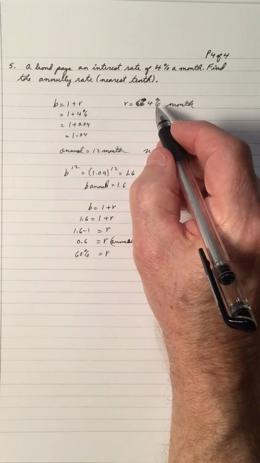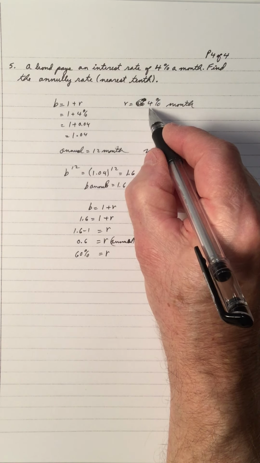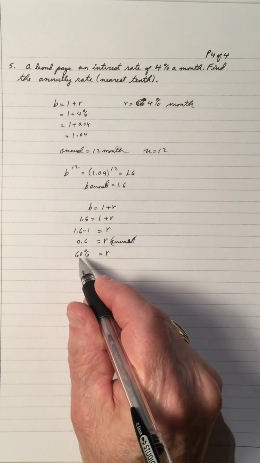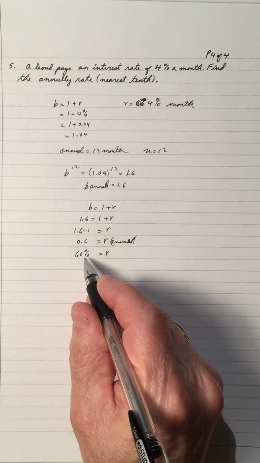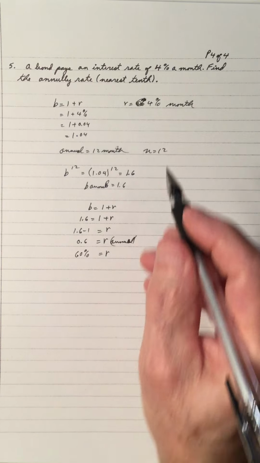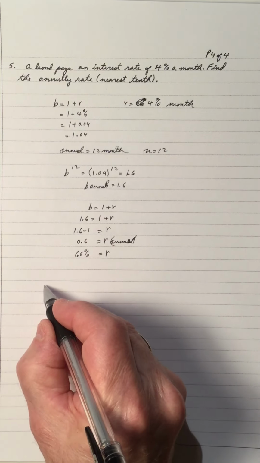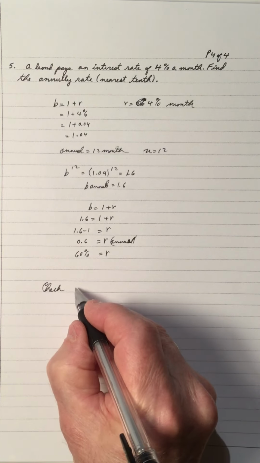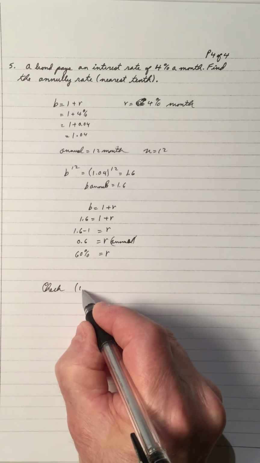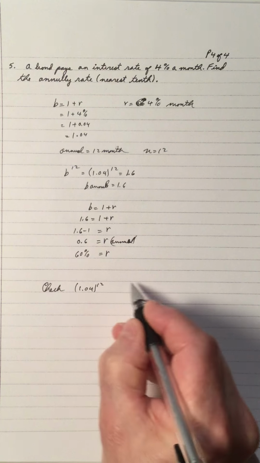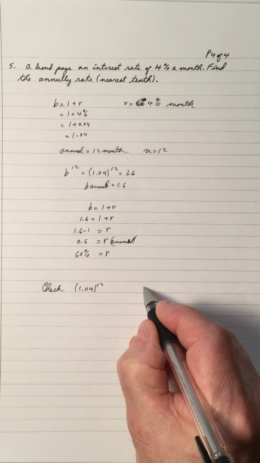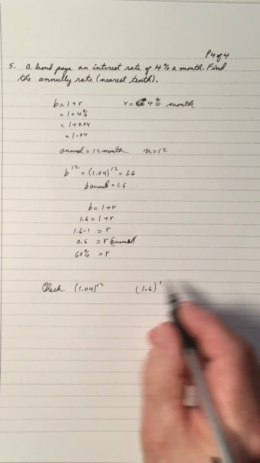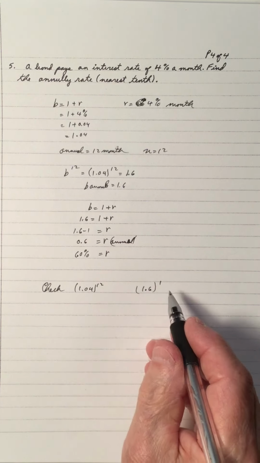So if you have 4% in a month and you compound it, then you'll end up with a yearly rate of 60%. I'm just checking, to show you that if you take 1.04 for 12 months, that's the same as taking 1.6 and putting it to the 1 power for 1 year, and you get the same amount.